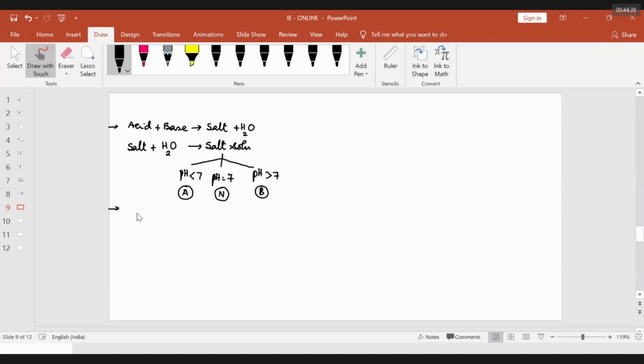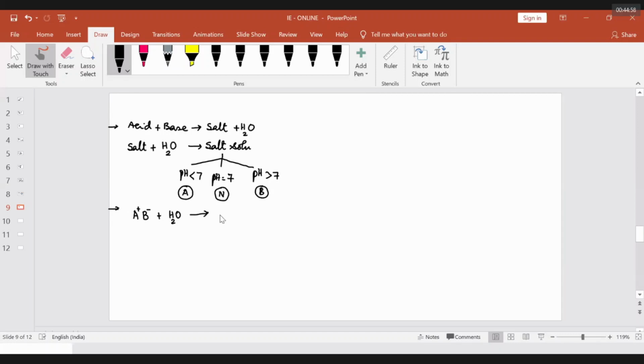Then what is salt hydrolysis? What is salt? Salt consists of cation and anion. If it is made to react with water, then what happens? Once you dissolve it, that A plus and B minus get separated.